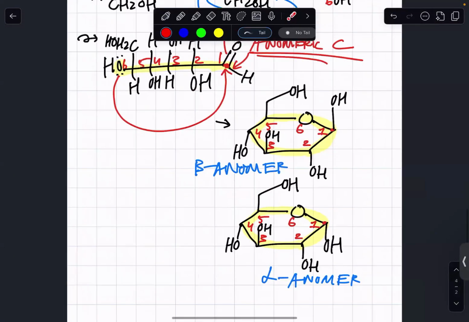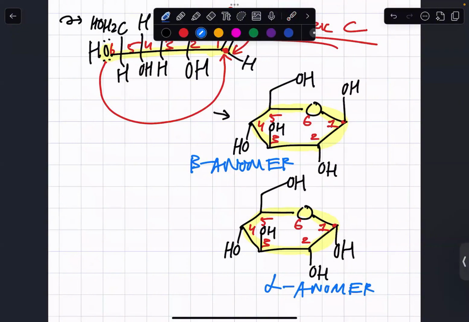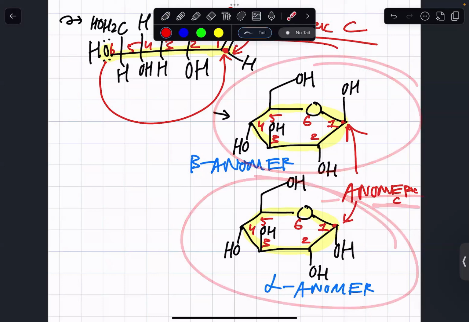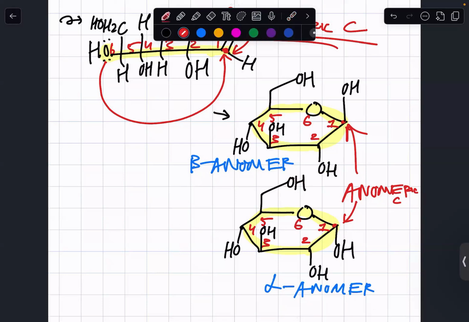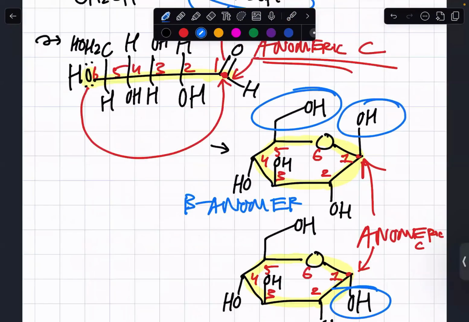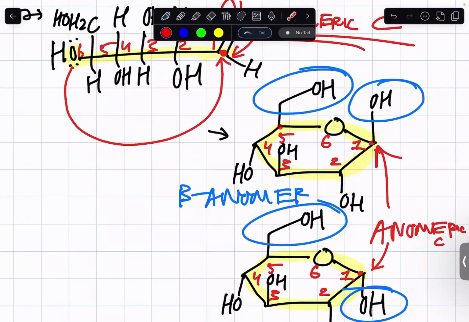Now this right here is the anomeric carbon, right? The first carbon, the carbonyl carbon that was attacked. Because that anomeric carbon leads to 2 different anomers, the beta anomer and the alpha anomer. Circle the anomeric alcohol right there, and look at the CH2OH at carbon 5, the carbon on the other end of the structure.